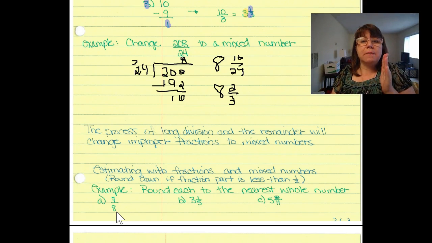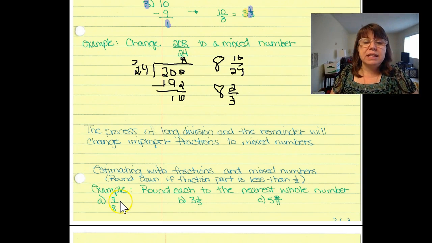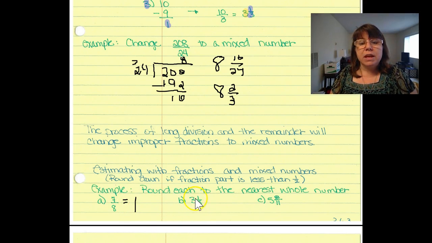Anything 4 and above, in my numerator, I'm going to round up to the next whole number. Anything less than a 4, I'm going to round down. 7 is definitely more than a 4, so we're going to round up to the nearest whole number, which will be 1.